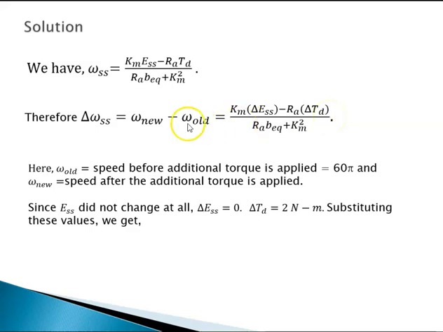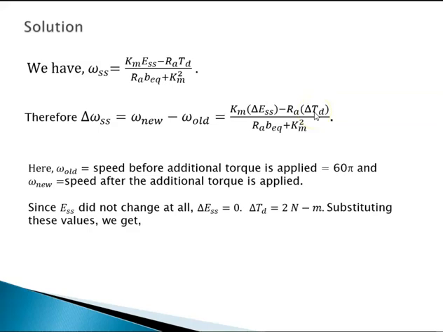We know omega old is the speed before the additional torque is applied. Omega new is the speed after the additional torque is applied. Since the voltage did not change at all, this quantity delta E_ss is equal to 0. Delta T_D is 2 Newton meters.